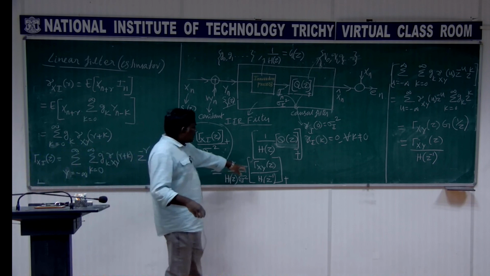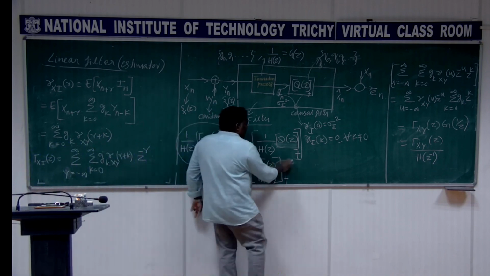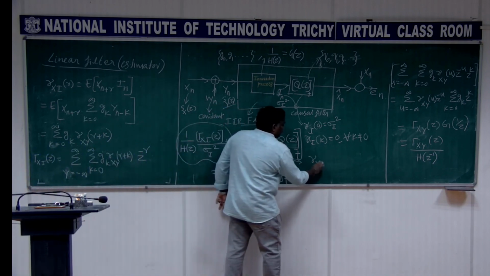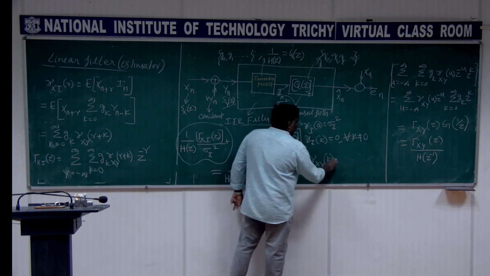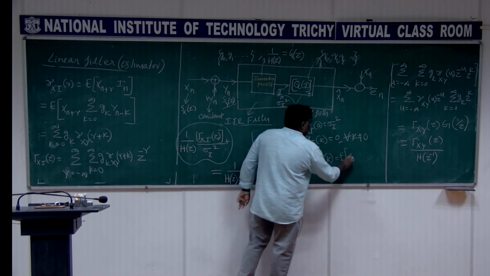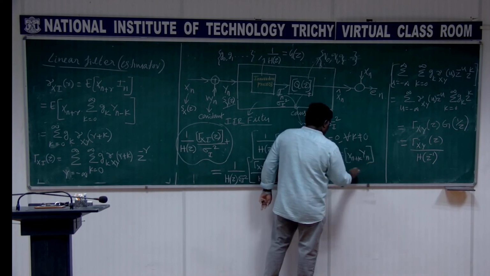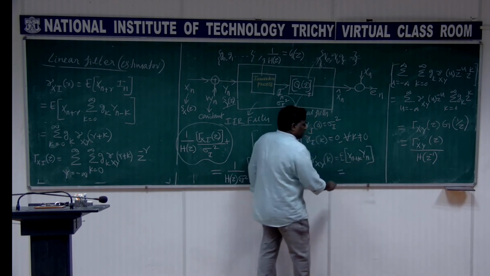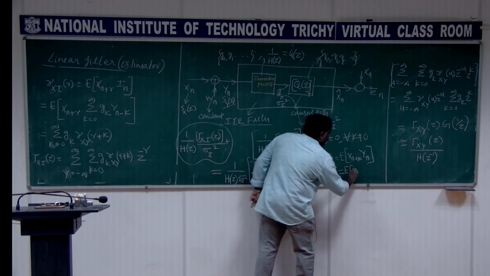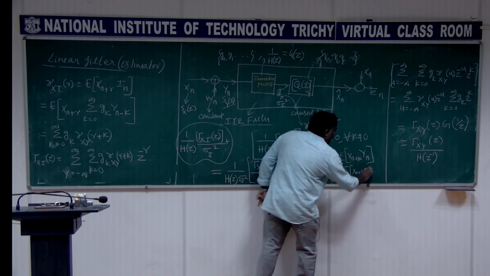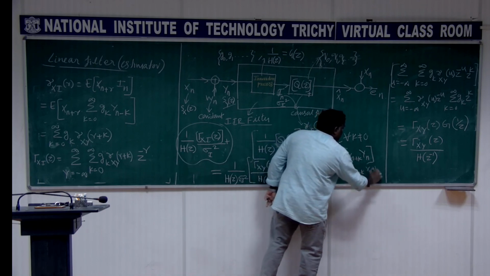For finding this spectral density, we need the autocorrelation gamma xy of k, which is the expectation of xn plus k times yn. And yn is xn plus wn. So you get two terms.